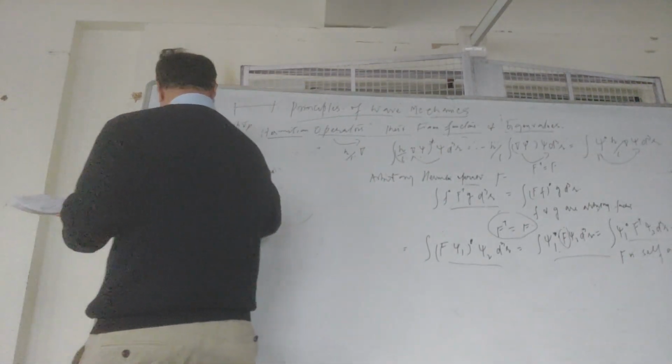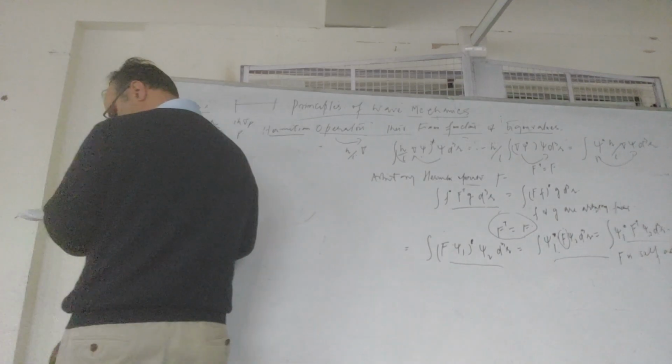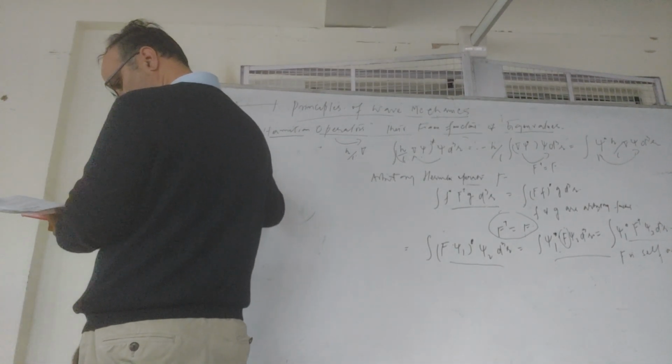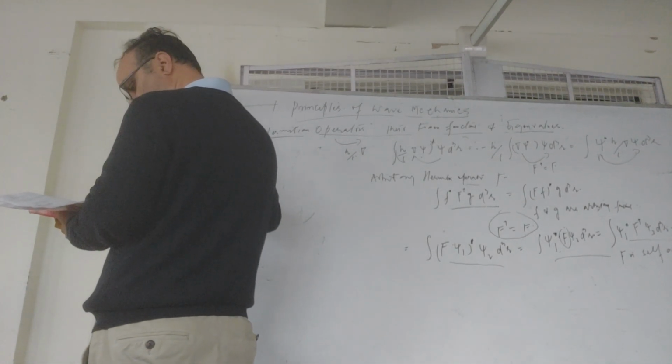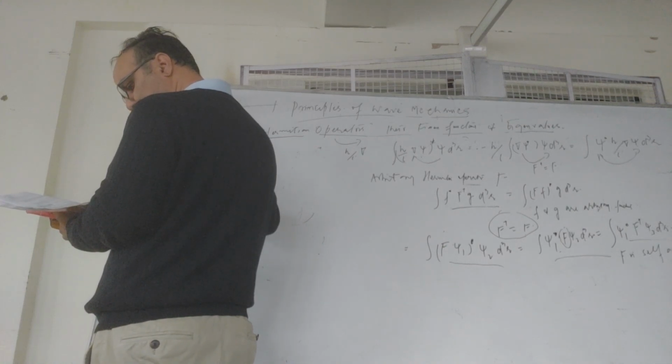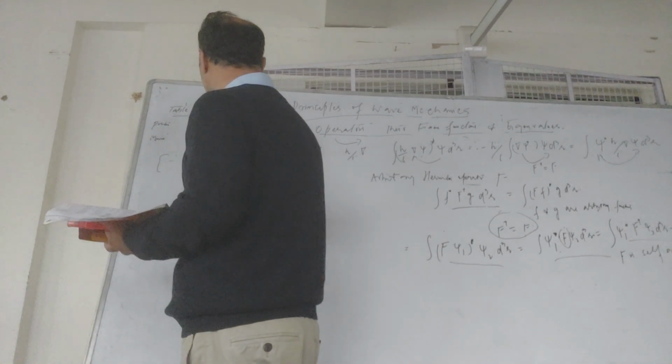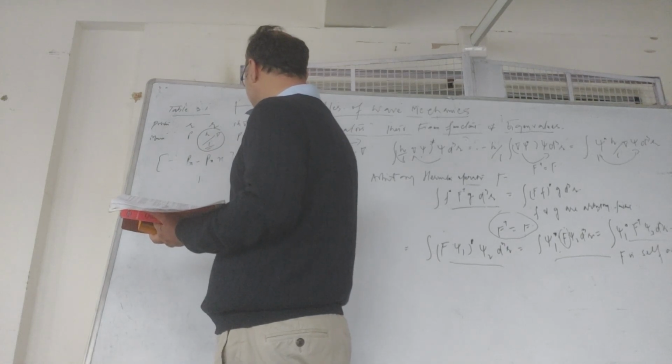These properties are, for example, the adjoint of the sum of two operators equals the sum of the two adjoints. They are trivial properties, but not necessarily trivial.